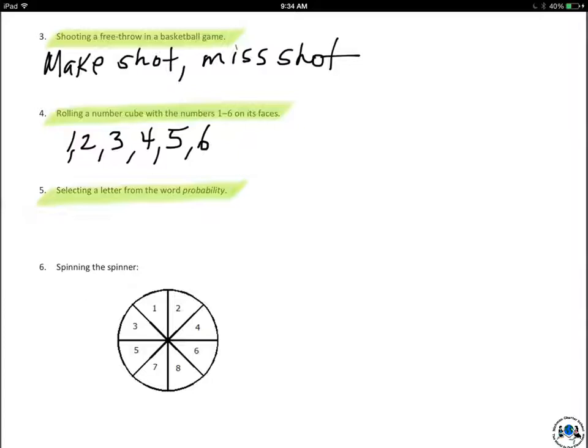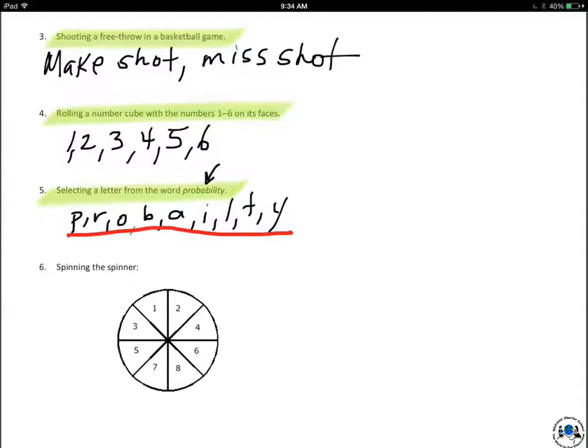Selecting a letter from the word probability. This might have been a little bit confusing maybe. I don't know, hopefully something's challenging in this lesson, but I doubt it. Those would be P-R-O-B-A-I-L-T-Y, which of course does not spell probability because you see we have two B's.